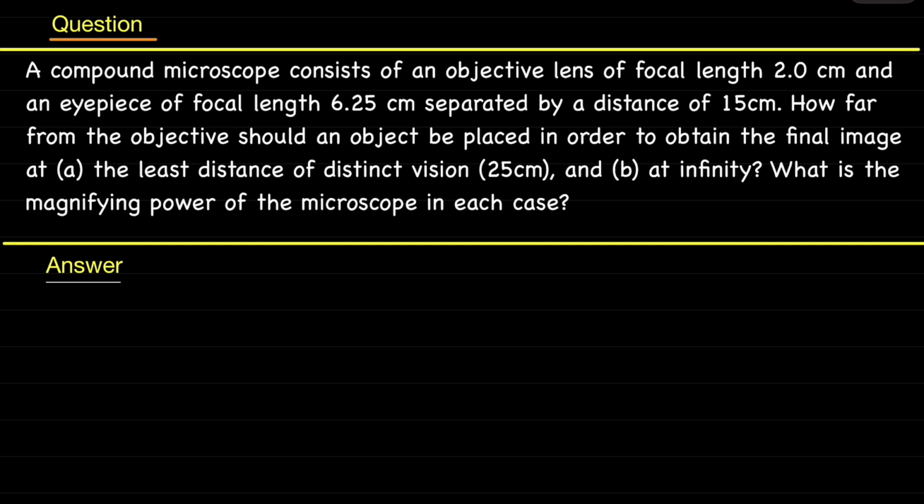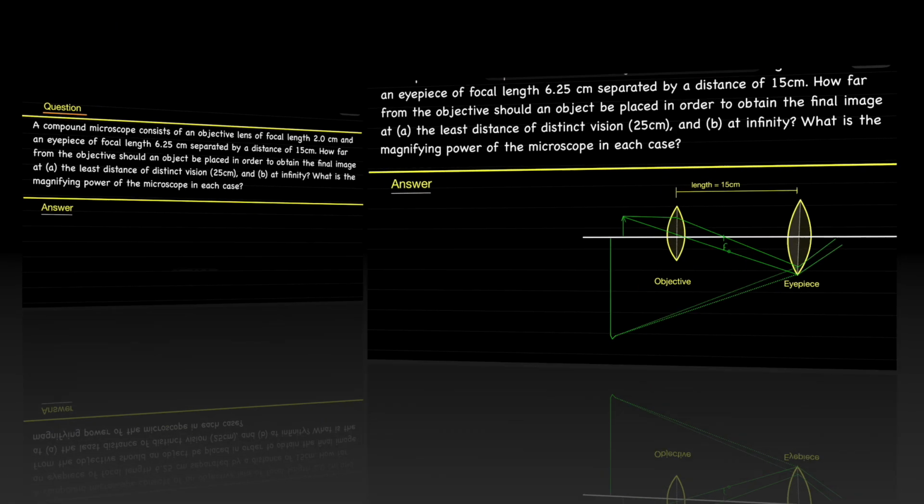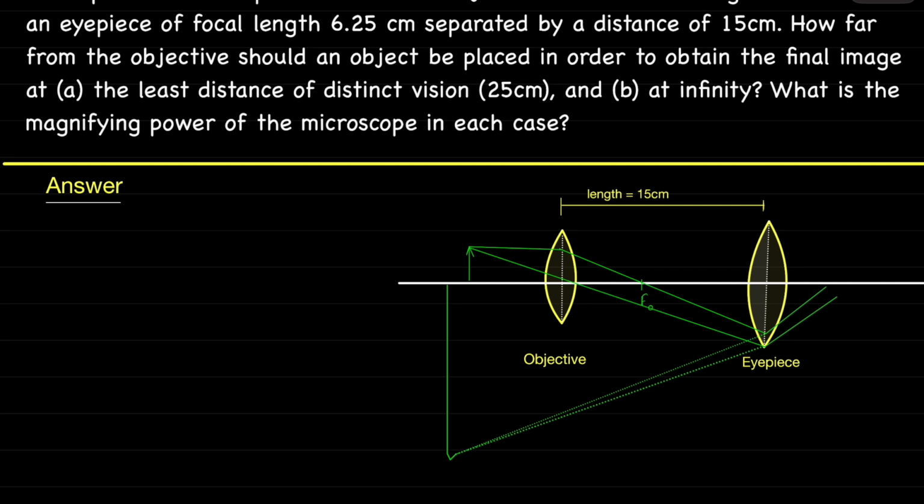So let's understand this question with a diagram. This is our compound microscope, and here is the object present. Let's name it A, B. From this object, two rays are coming out. Both the rays touch the objective. It's a convex lens, and convex lenses are converging in nature.